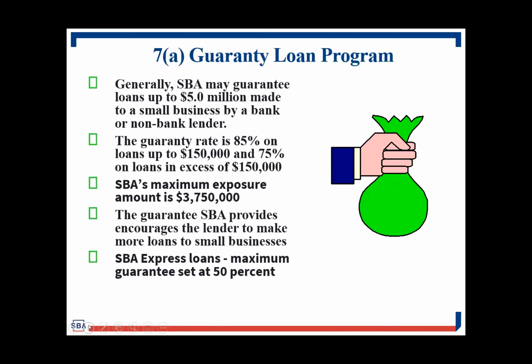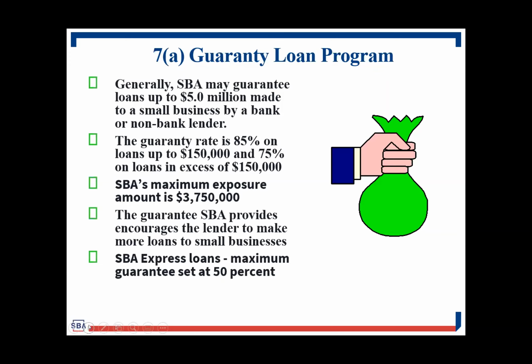Under the 7A Guarantee Loan Program, generally, SBA can guarantee loans up to $5 million with a bank or a non-bank lender. So as I go through this presentation, you'll hear me refer to lenders rather than just banks, because we do work with non-bank lenders. Our guarantee on loans up to $150,000 is 85%, and on loans $150,000 and above, 75%.